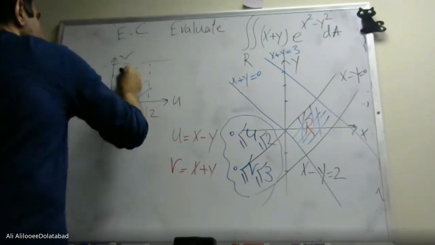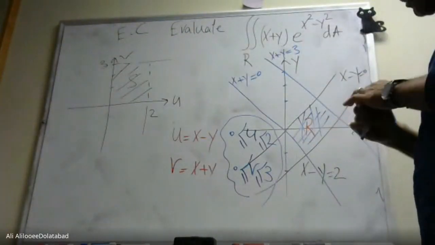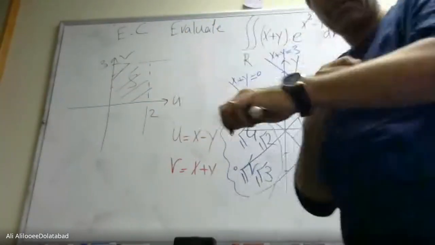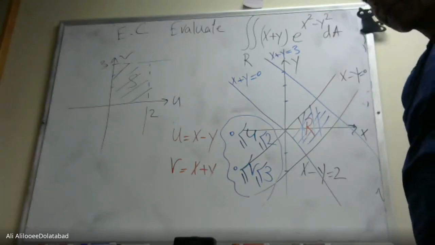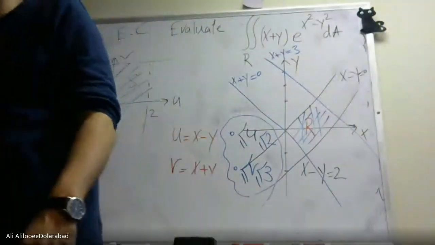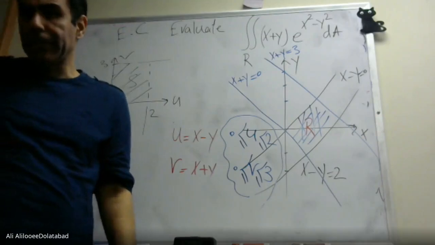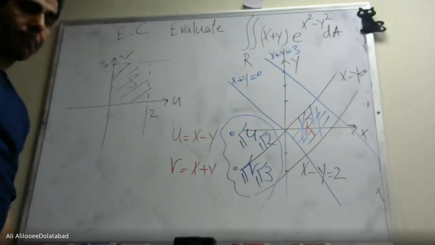You can see this is the given region. We use this transformation, then we convert it into S. Much, much nicer rectangle for sure. Any question?